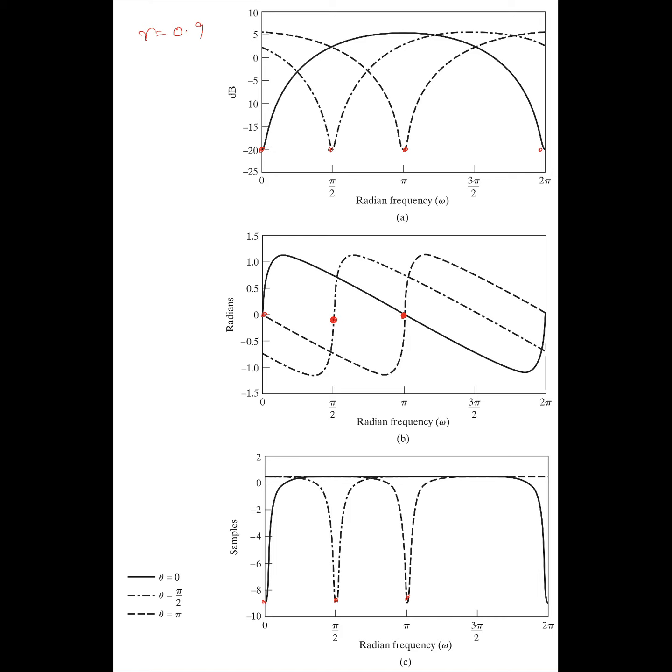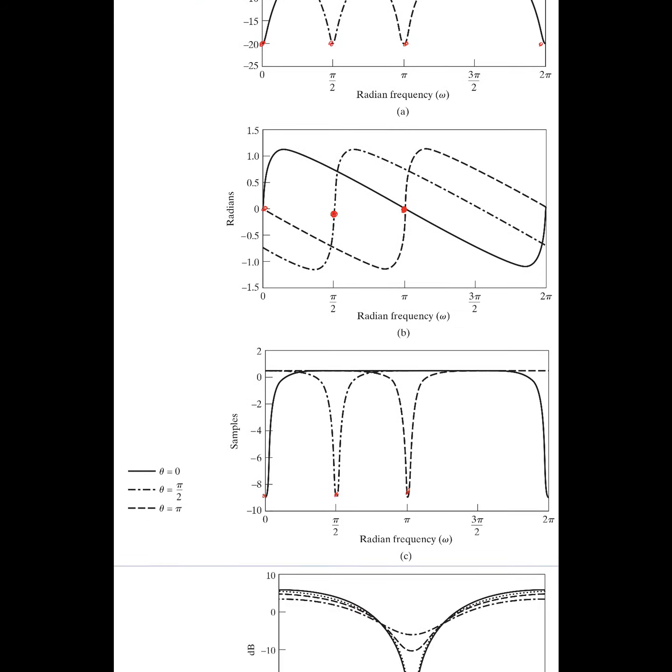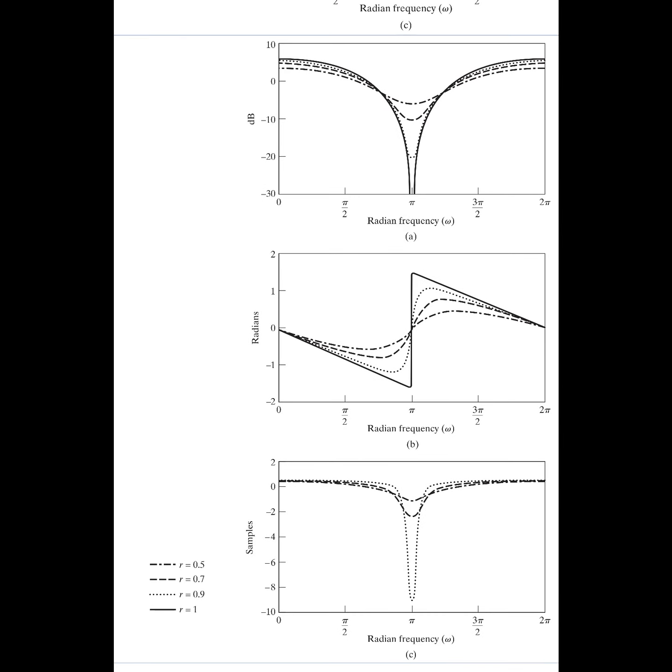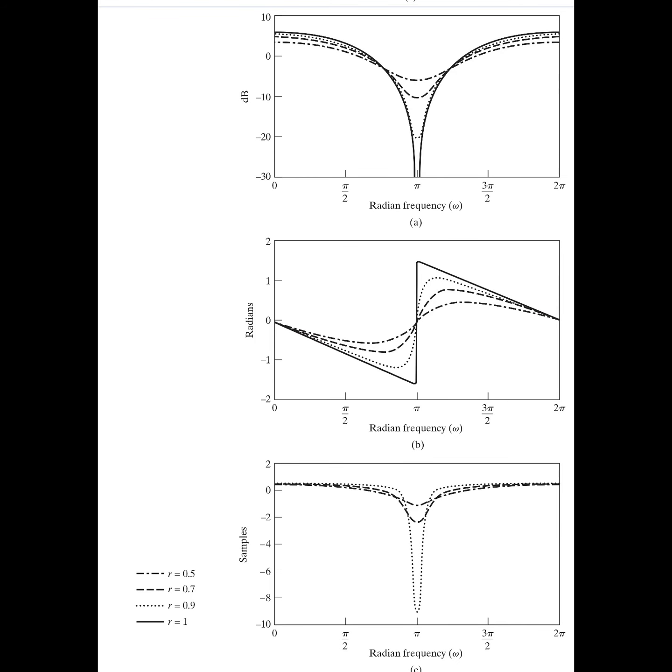Okay. So this plot shows the responses in the frequency domain for various values of theta, but keeping the radius 0.9 fixed. But now if we fix theta, then this is how the plots appear for values of r changing from 0.5 to 1.